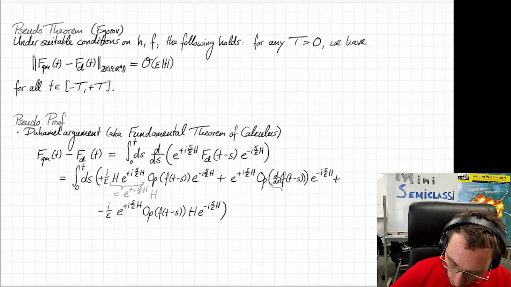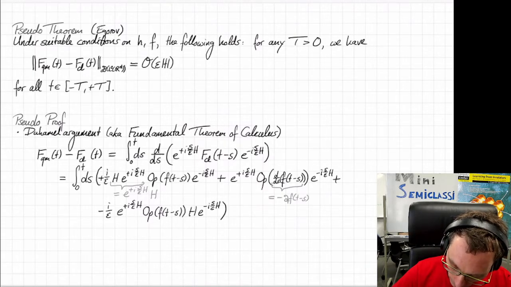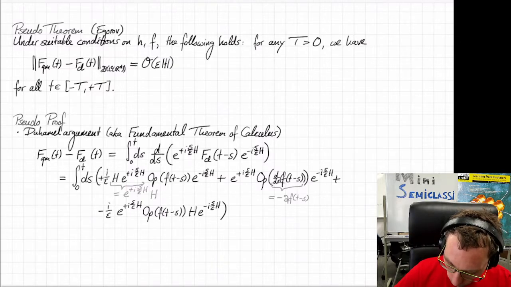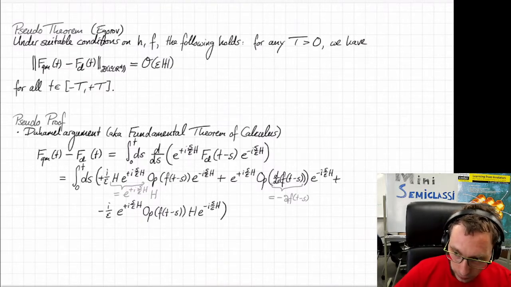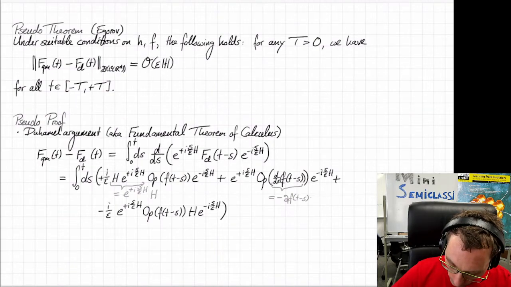Then here we have the s derivative, but because the argument is t minus s, we can also think of it as minus the t derivative of f evaluated at t minus s. And this here, because this is the time evolution that we're interested in, is minus the Poisson bracket of h with f of t minus s.